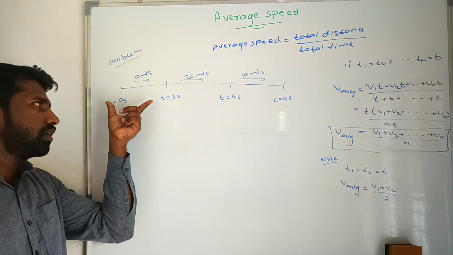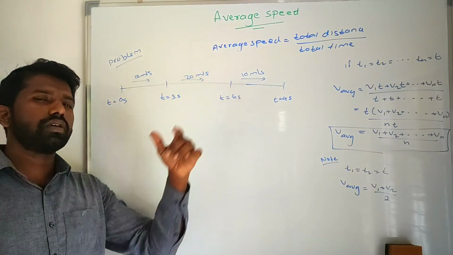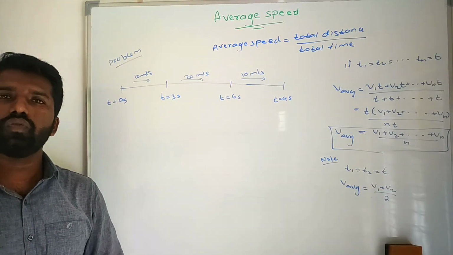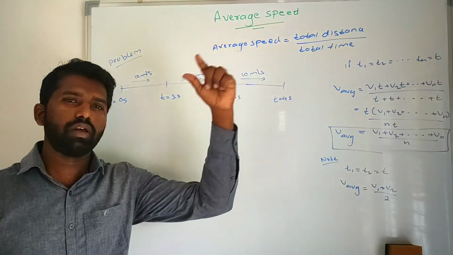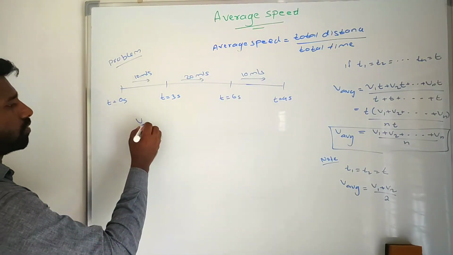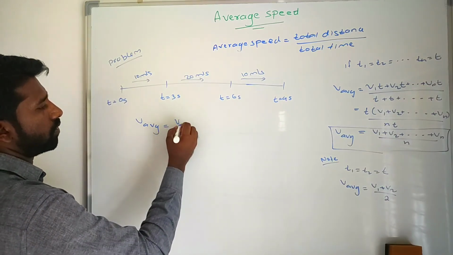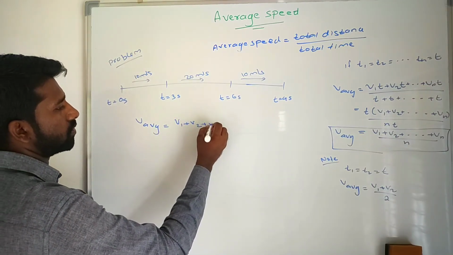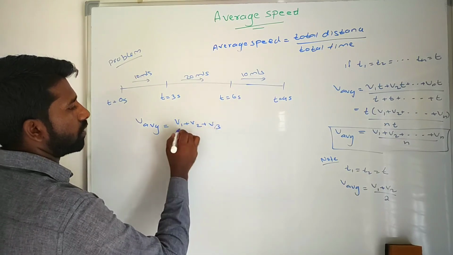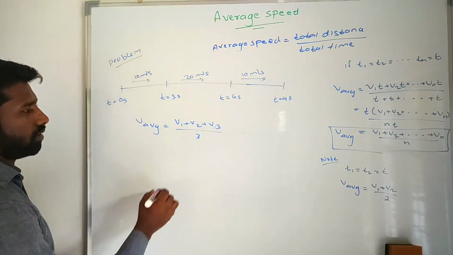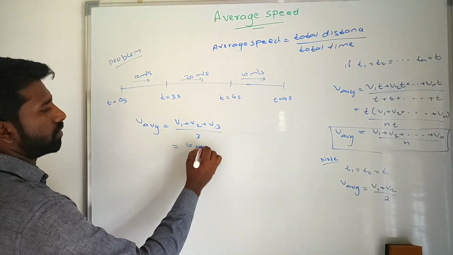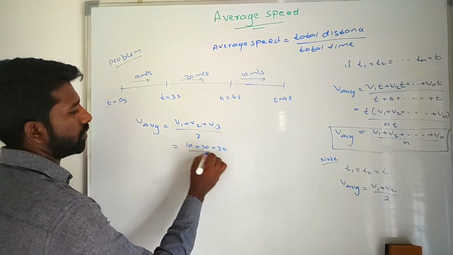You see here these times are equal, so which formula can we use? This formula. So average speed is equal to V1 plus V2 plus V3 divided by the total number, that is 3. So 10 plus 20 plus 10 divided by 3.